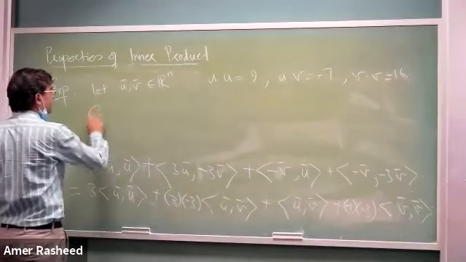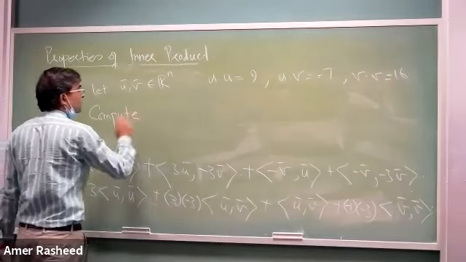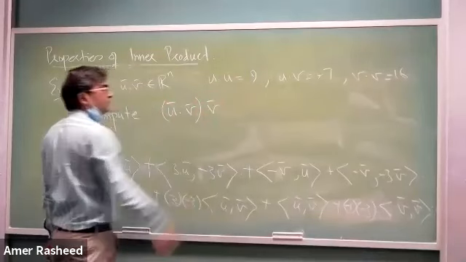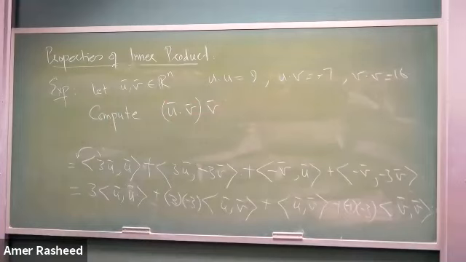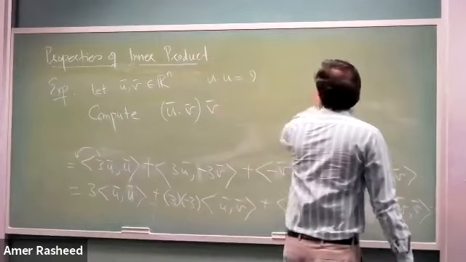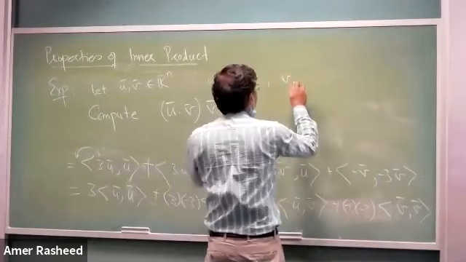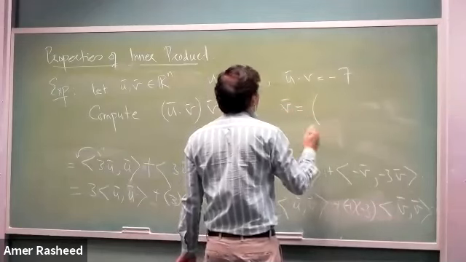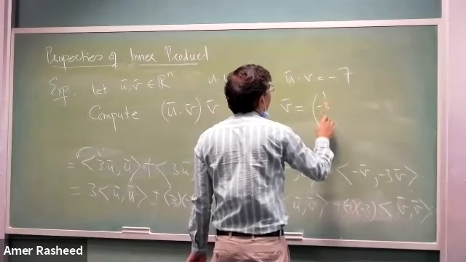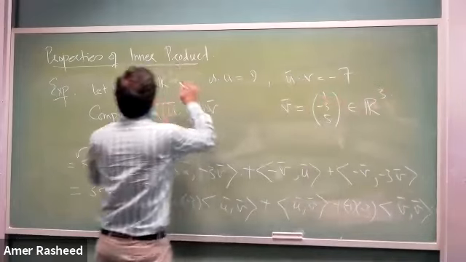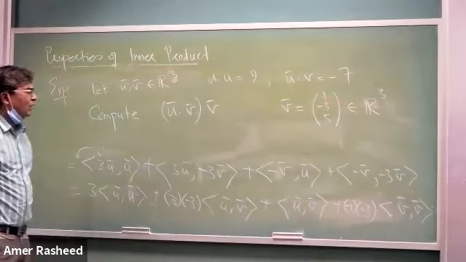Can you compute u dot v times v? And v should also be given here. u dot v is -7, and v is some vector, maybe (1, -3, 5). It belongs to R3. Can you compute this? What is this now?